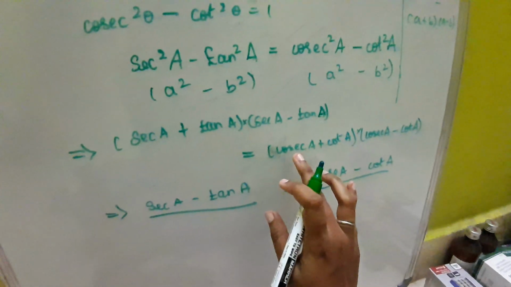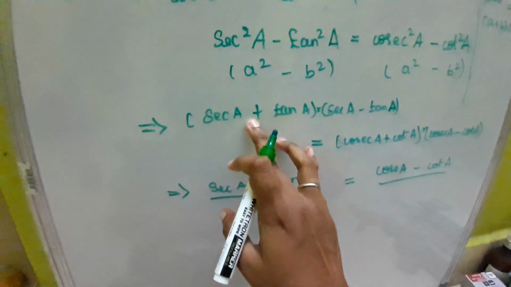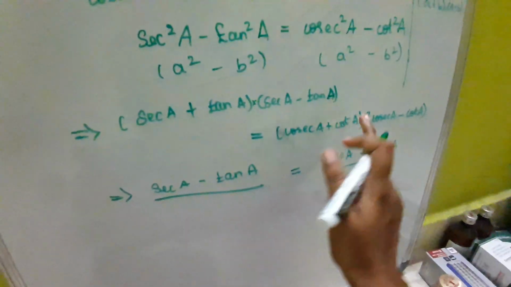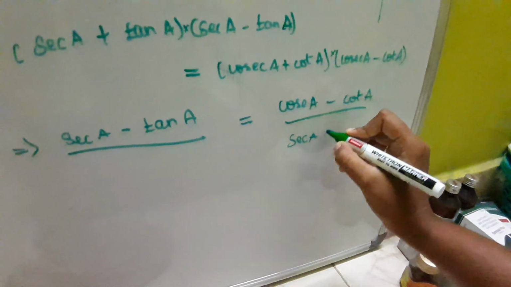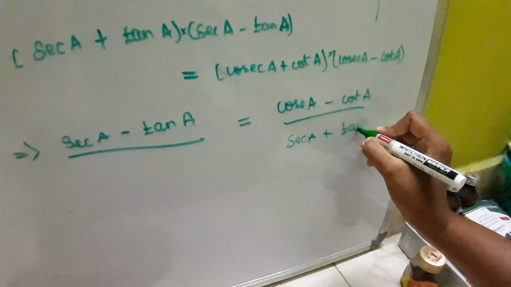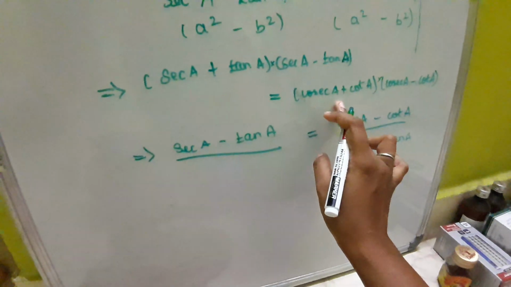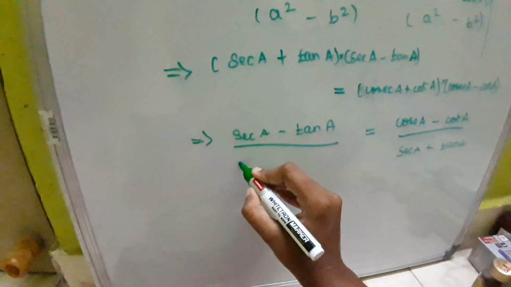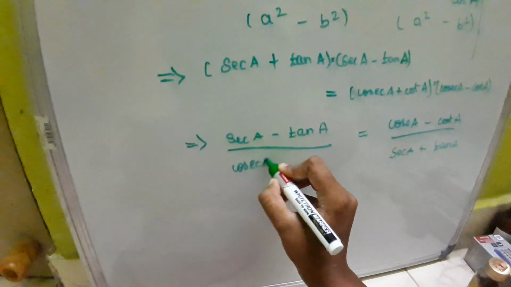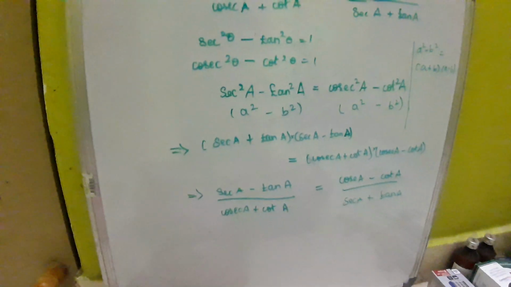When we move secant A plus tan A from LHS to RHS, it becomes divide, so it comes to the denominator. By the same, cosecant A plus cot A from RHS to LHS becomes divide, so cosecant A plus cot A comes to the denominator.